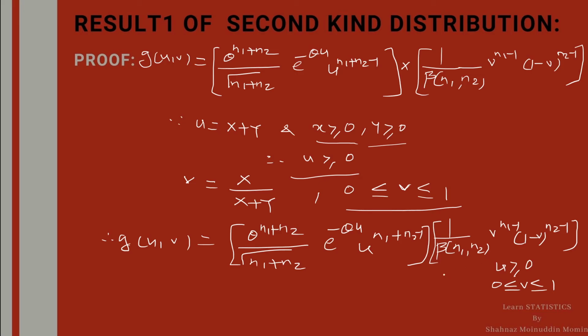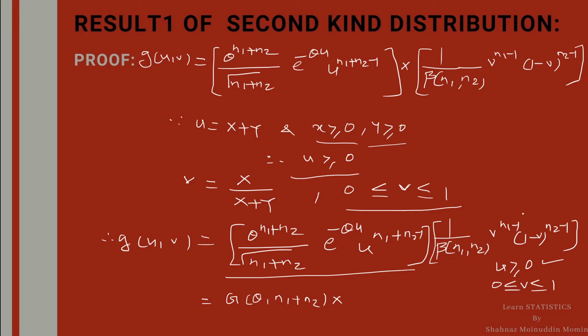By observing carefully the first bracket, theta raised to n1 plus n2 by gamma n1 plus n2 e raised to minus theta u, u raised to n1 plus n2 minus 1, with the range u greater than equal to 0, this is nothing but the PDF of gamma with parameters theta and n1 plus n2.